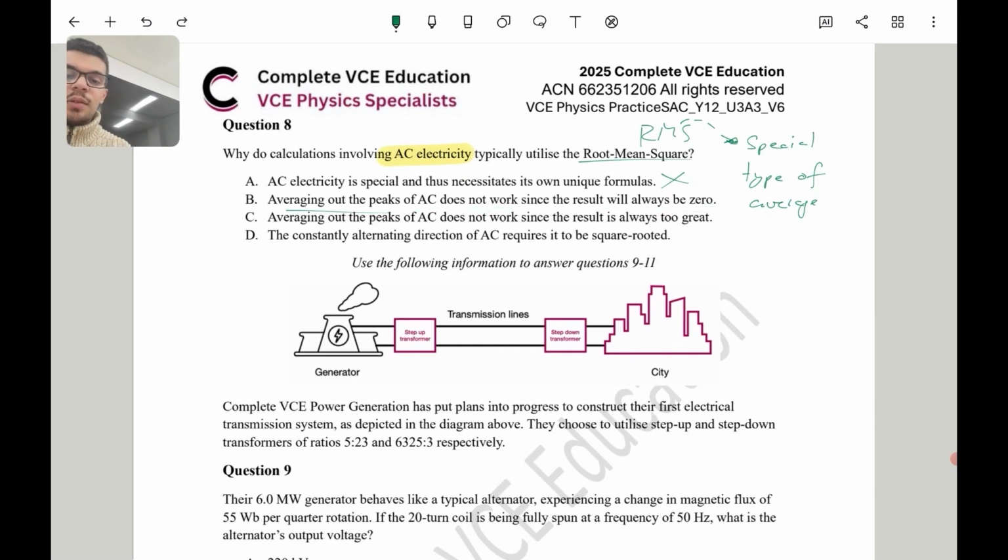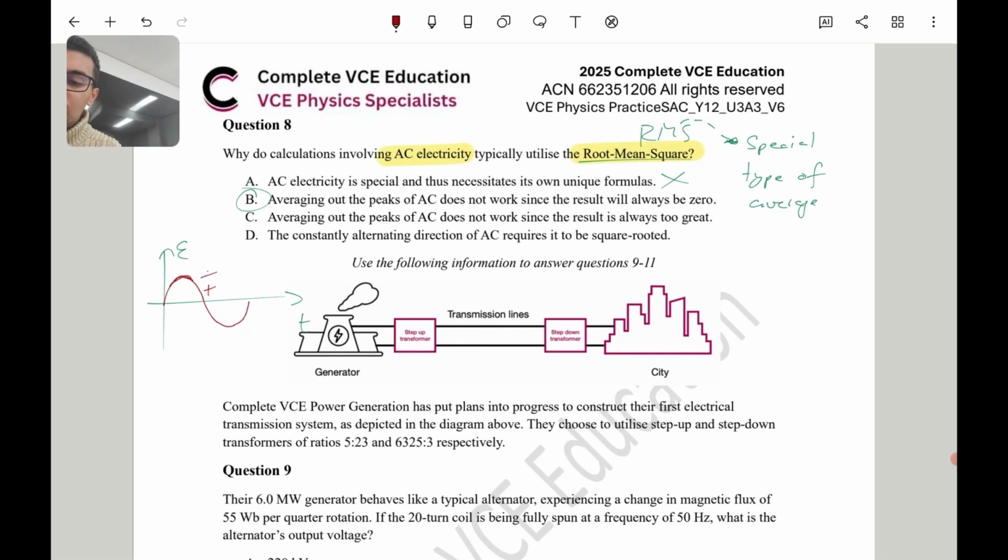Okay, this is a correct answer. We can't just take a regular average, okay? Because if you have a look at your EMF or voltage graph for your generators, it's like a sine graph.